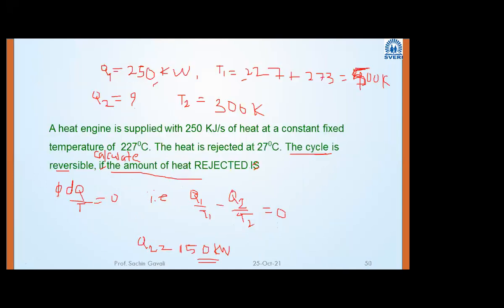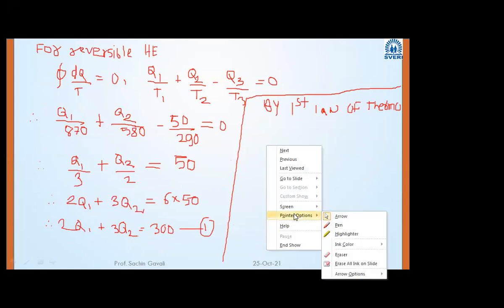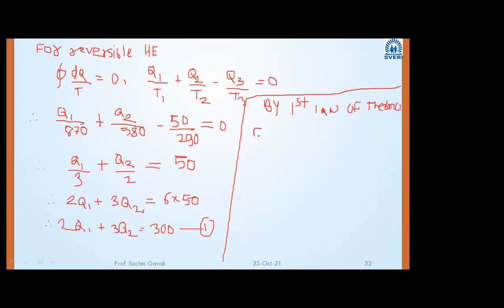Am I right? So Q1 plus Q2, they are coming incoming. So therefore Q1 plus Q2 is equal to here Q3 plus W. Q1, how much Q1 is there? We are not knowing.